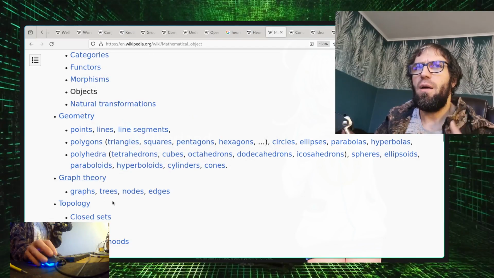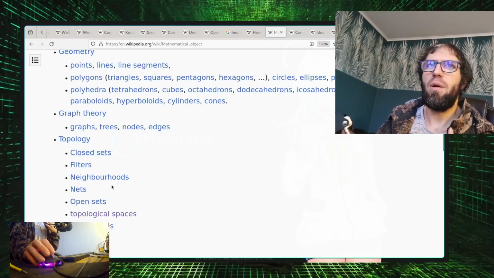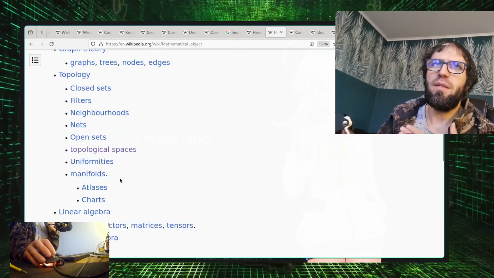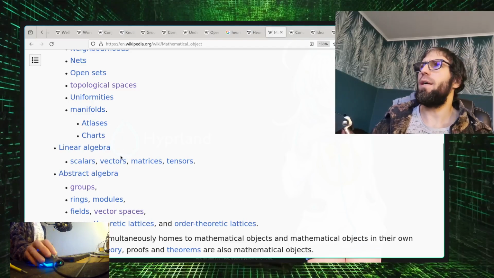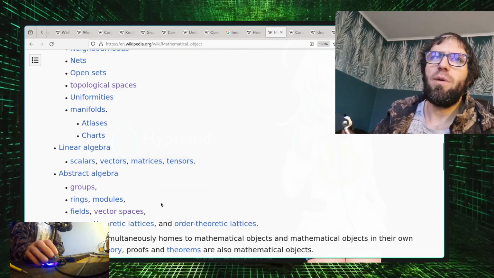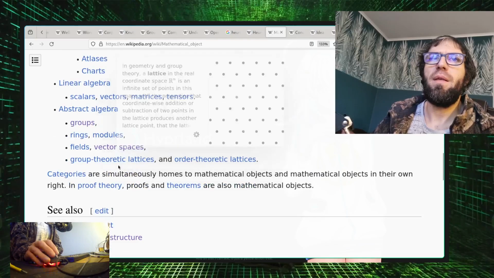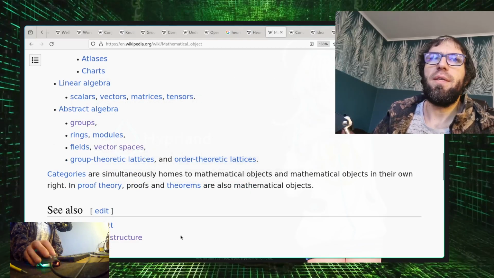Graph theory: graphs, trees, nodes, edges. Topology: closed sets, filters, neighborhoods, nets, open sets, topological spaces, uniformities, manifolds, atlases, charts. Linear algebra: scalars, vectors, matrices, tensors. Abstract algebra: groups, rings, modules. Okay, many things. Group theories, lattices, order theoretic lattices.